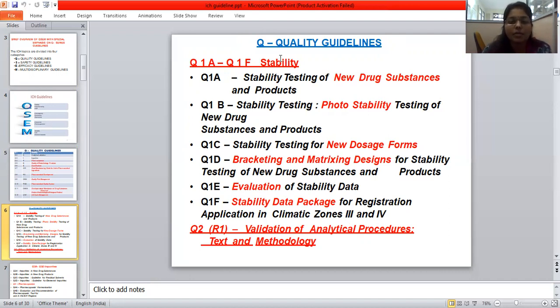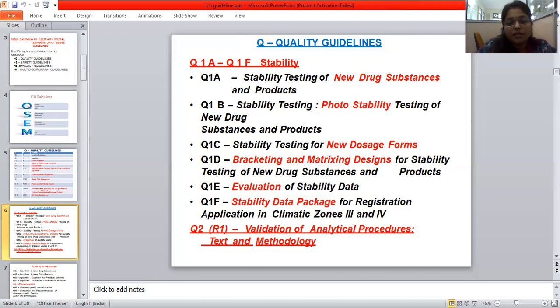So this is the stability guideline Q1A to Q1F, having different classes, like testing of new drug substance. Whatever project you are performing for formulation of a new product, for the new drug substance you can refer to the Q1A guideline.